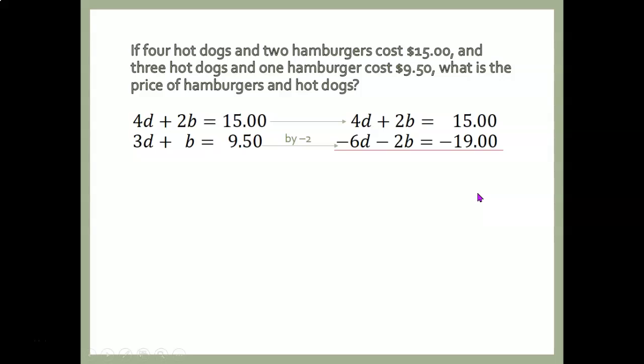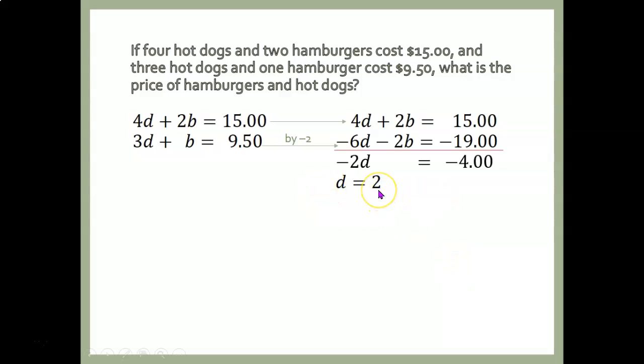Add the two equations together, and we get -2D equals -$4. Divide both sides by -2, and we get D equals +2. -4 divided by -2 gave us +2.